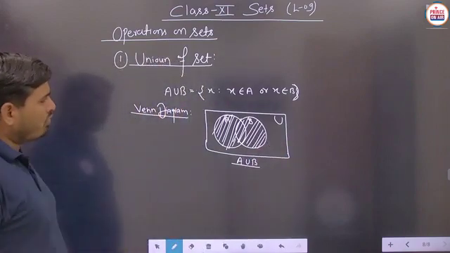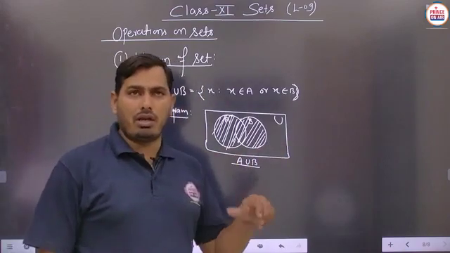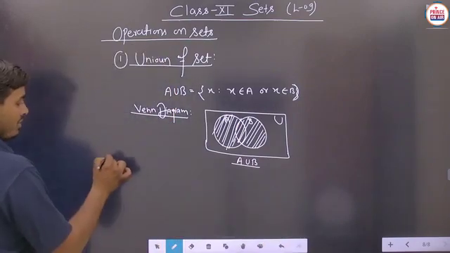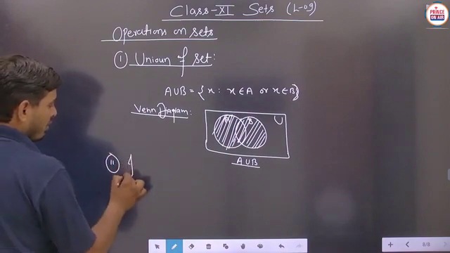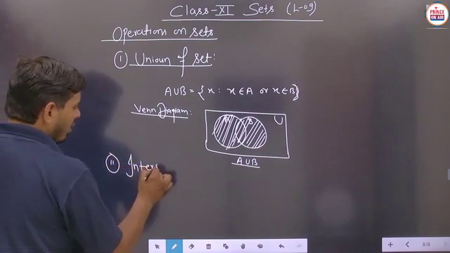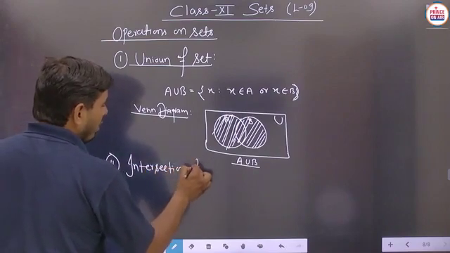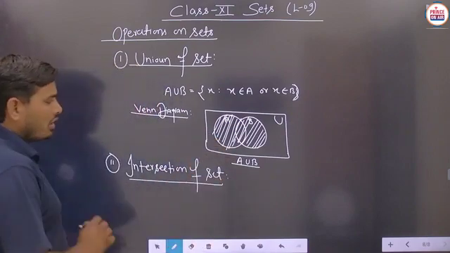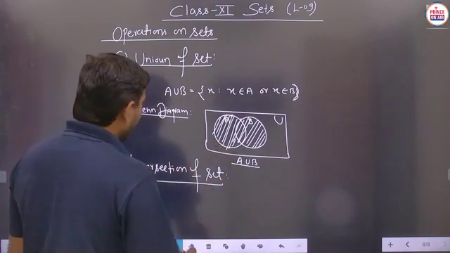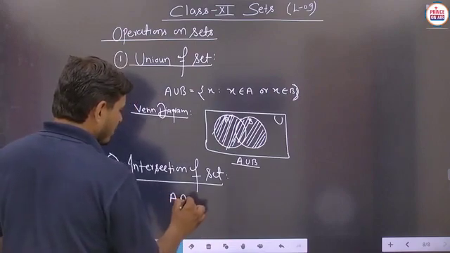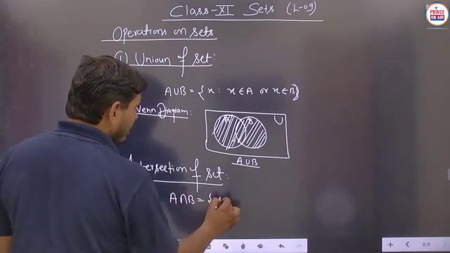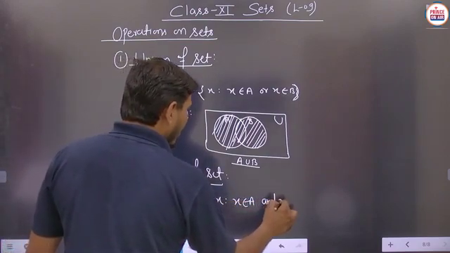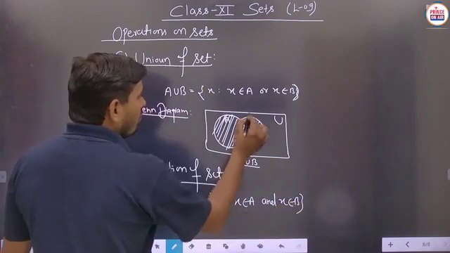This thing we already declared in the last video, where the Venn diagram is a very important part for us. Similarly, in the second kind of operation, we discuss the intersection of two sets. In the case of the intersection operation, A intersection B is defined like this: x such that x belongs to A and x belongs to B. There are two very basic words, or and and.